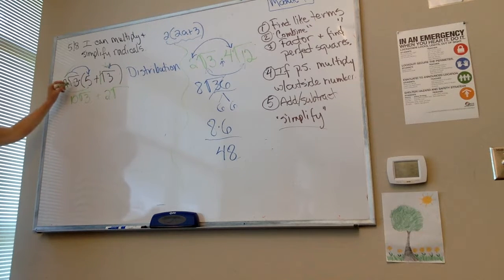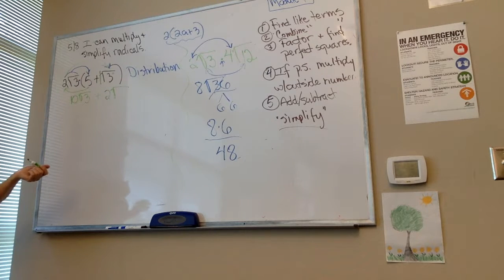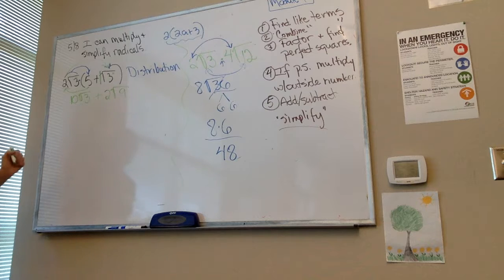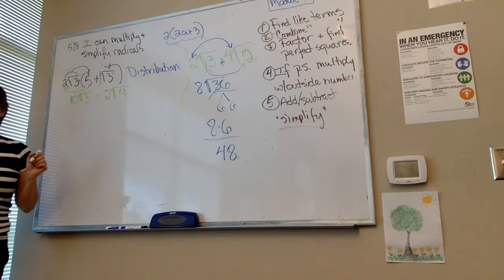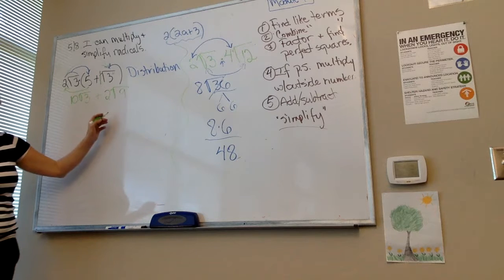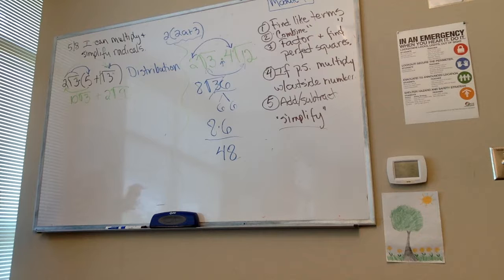We're going to multiply what's under the radical together. 3 times 3 is 9. Okay. Are we done? No, we're not done. We're not done because we can still simplify the 9. It's not prime. So we're always looking for prime numbers under the radical. That tells us that we're done.